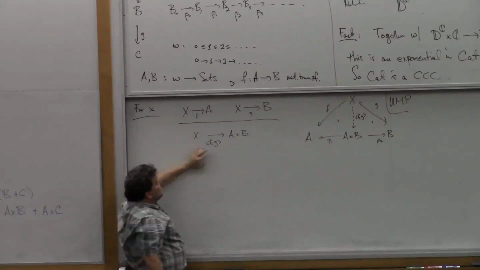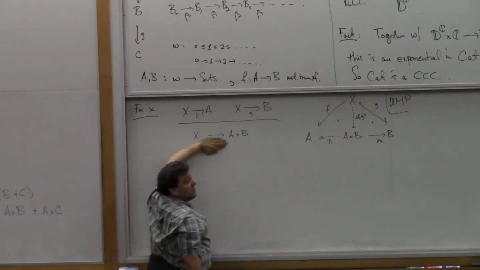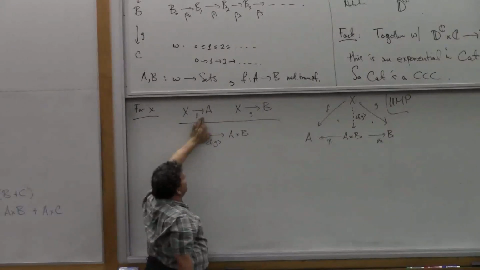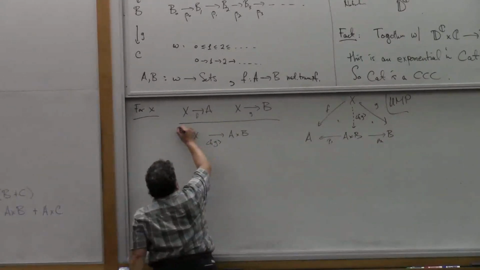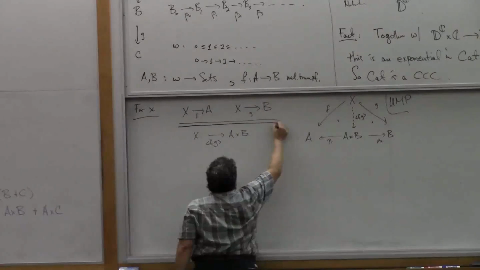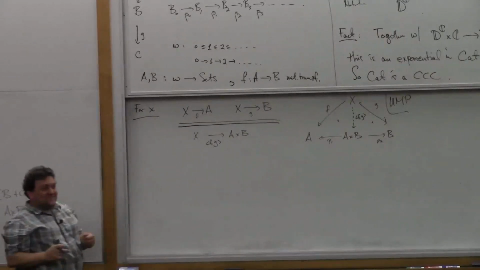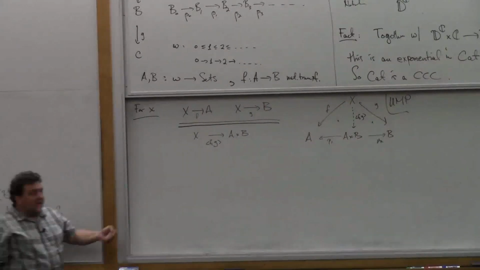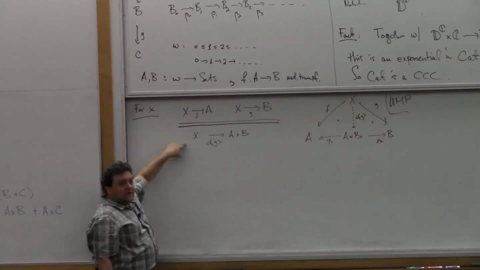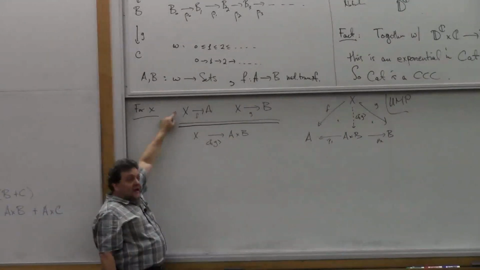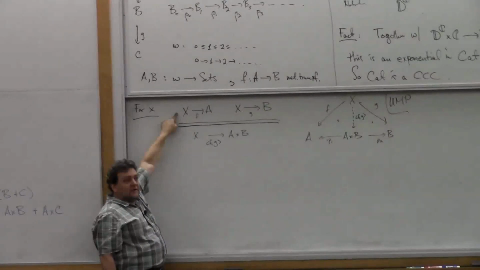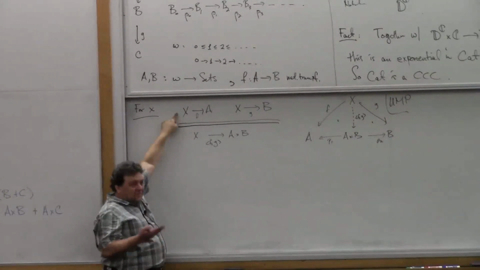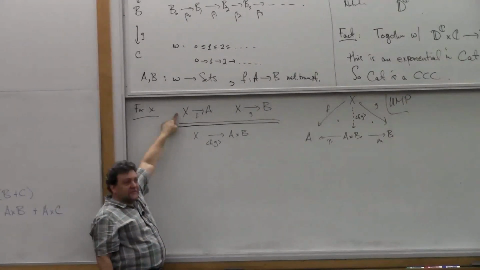You can take something of this form, take its two projections, and get a pair of things like that. But wait, there's more. Not only does the rule go both ways, but if you compose the two, you get the same thing back out. If I start here and I go down, and then I go back up, I get back out the same thing I started with. So there's something more going on here than just a two-way rule of inference.